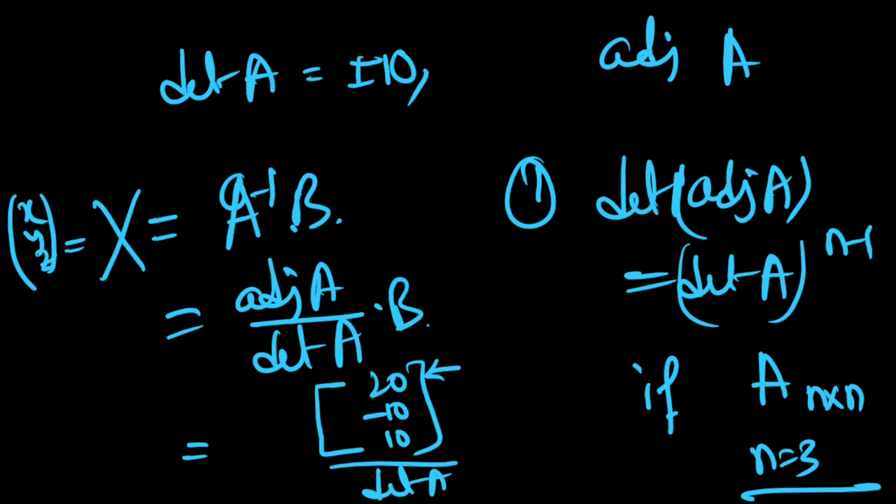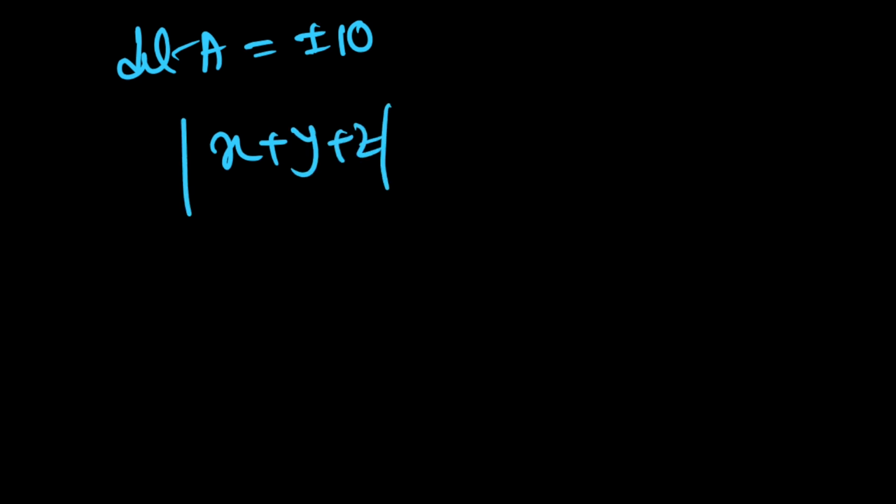Then we find the values of x, y and z, and finally putting in the determinant of A as plus or minus 10, we got the modulus of x plus y plus z equal to 2. So this is the final and correct answer.